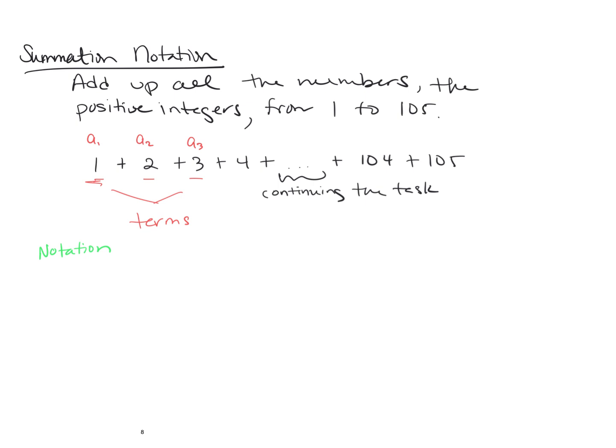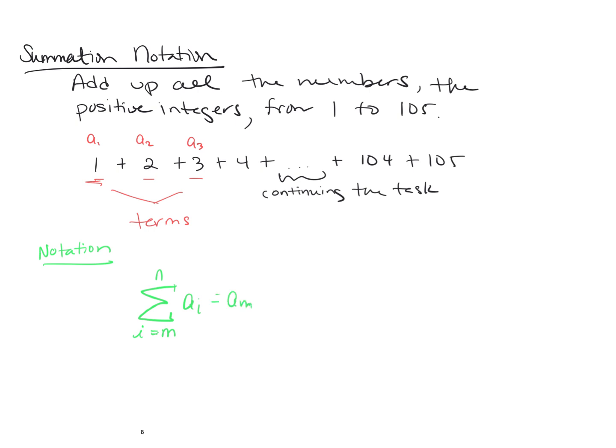So let's look at the notation of it. This is a sigma, Greek letter sigma. And I'm asking you to go from i, starting with m and going up to n, and using a sub i. So that's just saying a sub m.